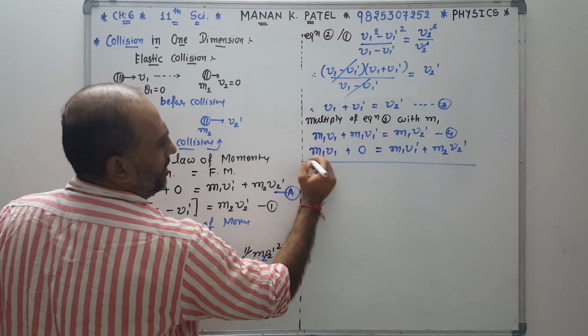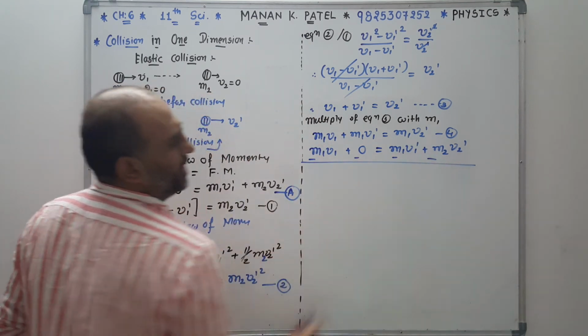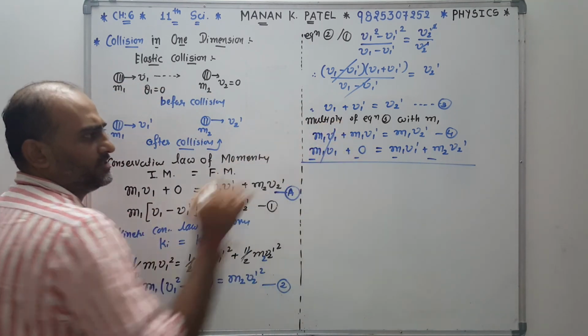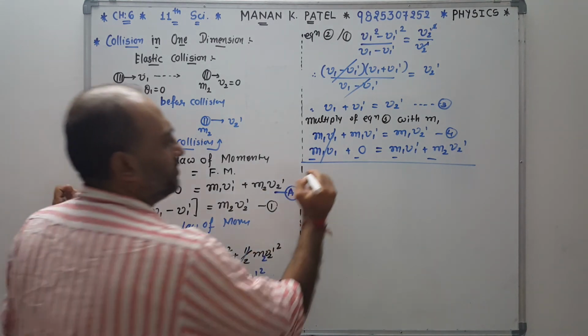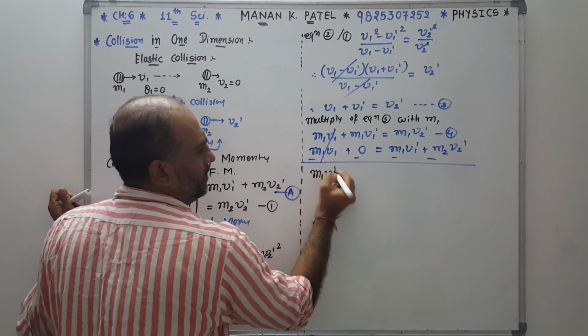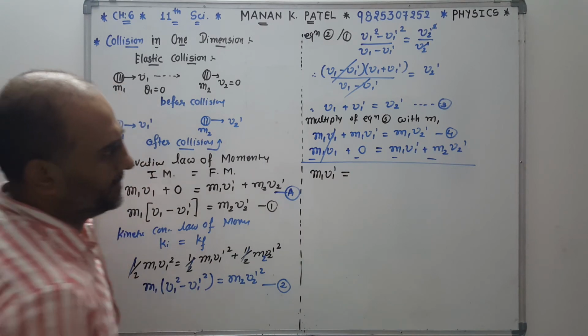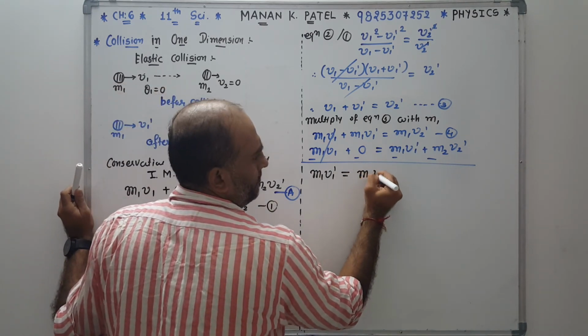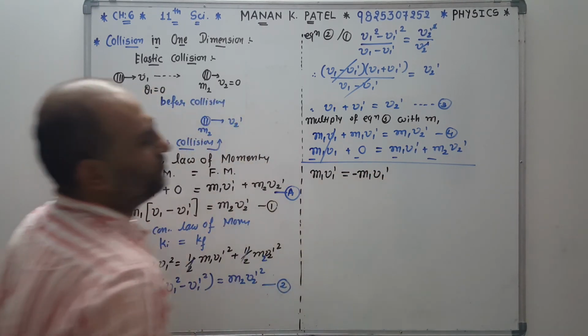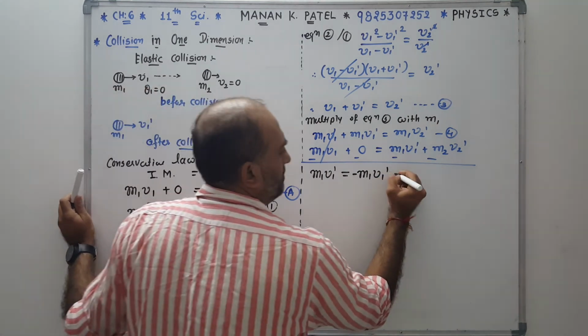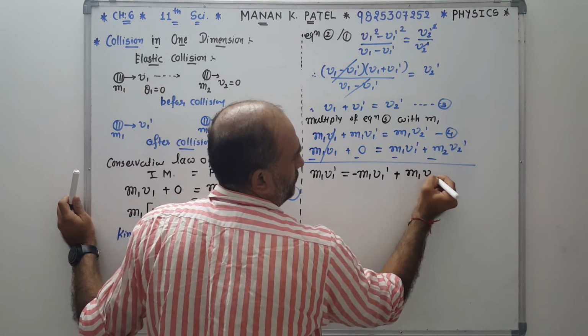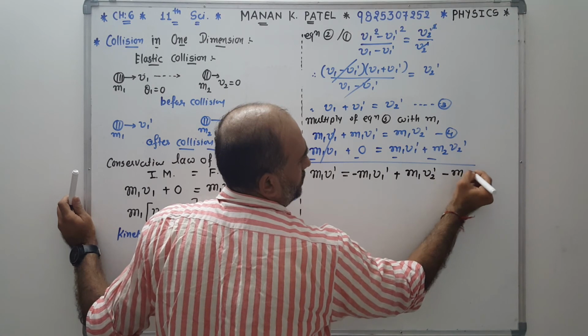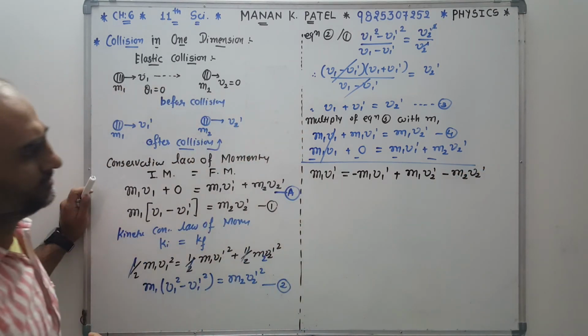Subtracting, the two terms are cut. The left part is m1 v1 dash minus m1 v1 dash, then plus m1 v2 dash minus m2 v2 dash.